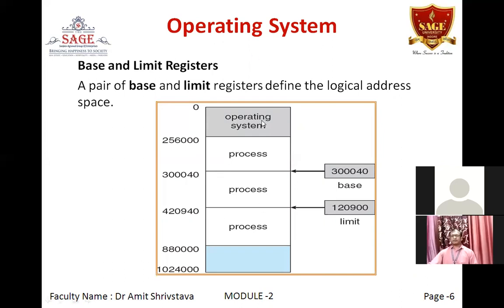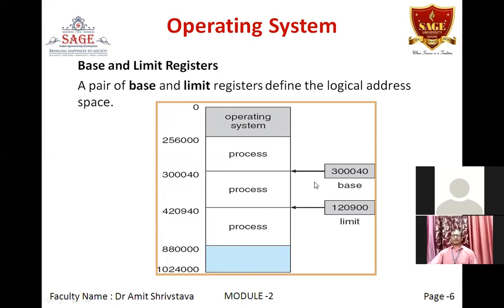Now, suppose, for example, we are having 3 processes in our main memory right now. Operating system is there, and this blue shaded area is free space. Fine. So suppose this second process starts from 30040 and it ends at 420940.